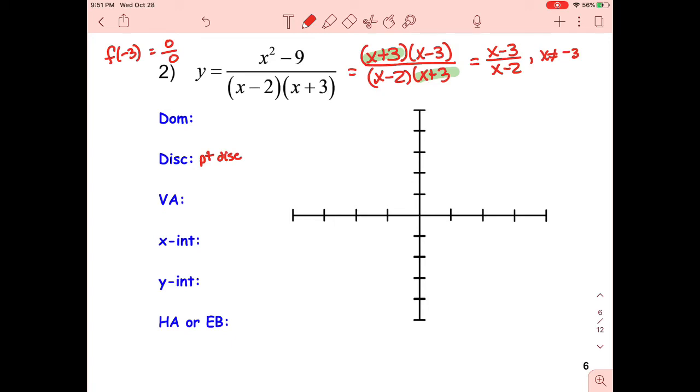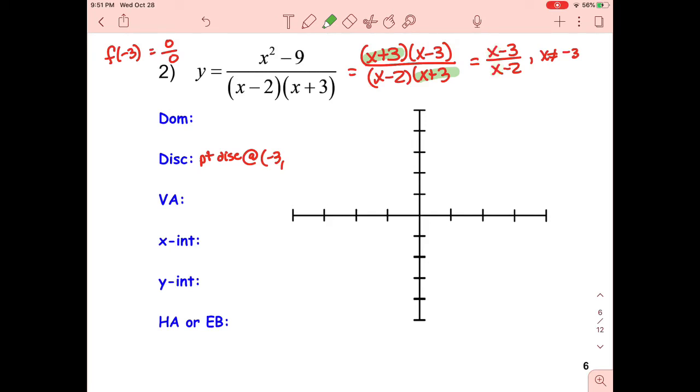That means we have point discontinuity, and that will be at negative 3. And what's the y value? What is the point? Well, you plug negative 3 into the simplified.